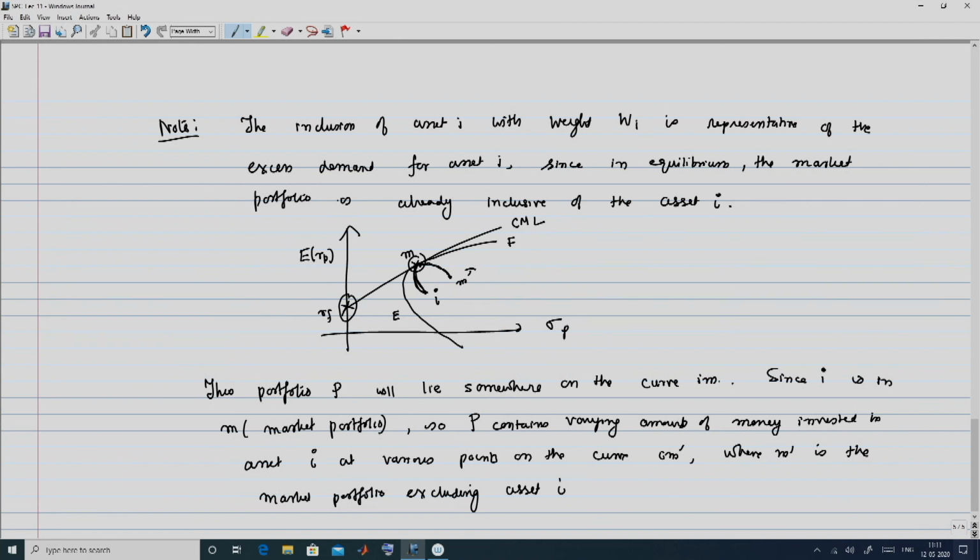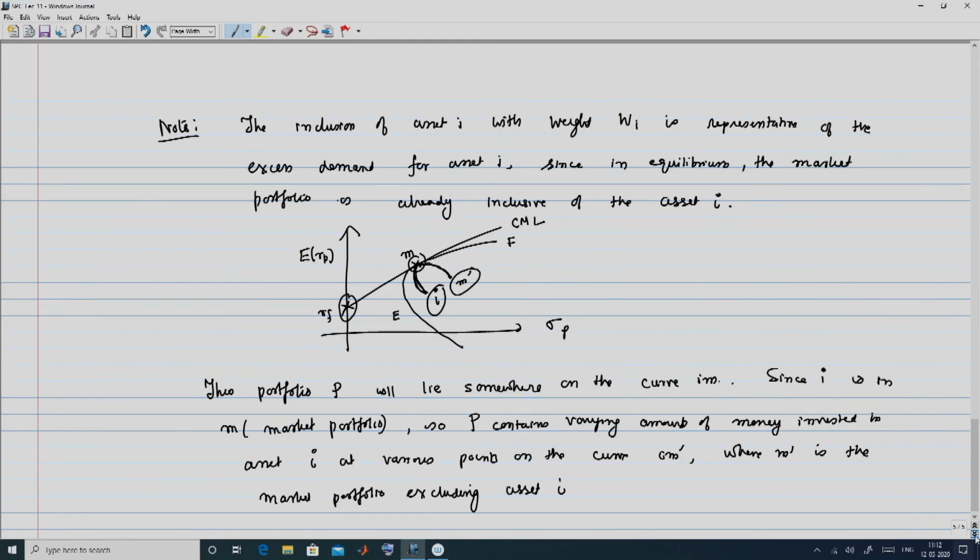This I is an exclusive investment in the ith asset, and this M prime is a portfolio which is the same as the market portfolio, except that it does not include the ith asset. So, if you take the market portfolio and remove the ith asset and proportionately increase or decrease the weights of the rest, that becomes the new portfolio M prime, which is almost identical to the market portfolio, except that it will not have the ith asset.